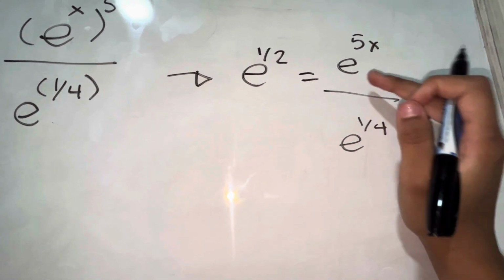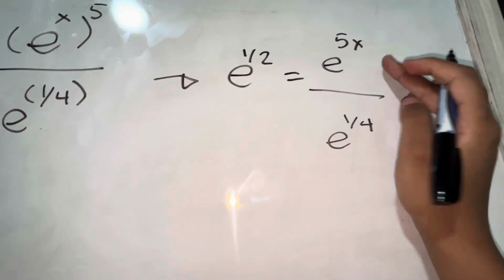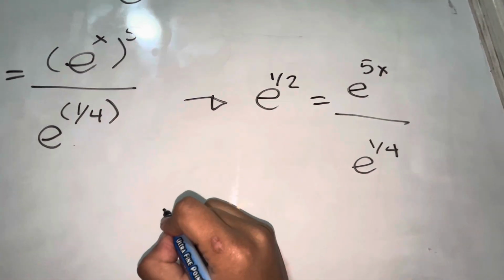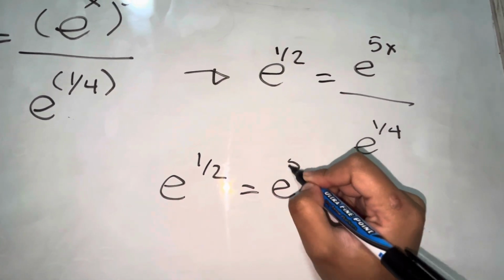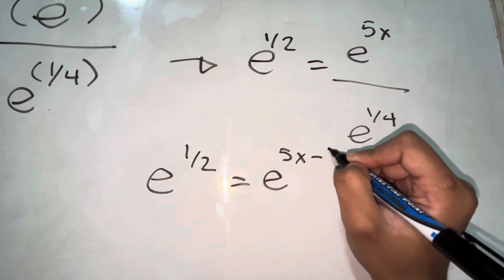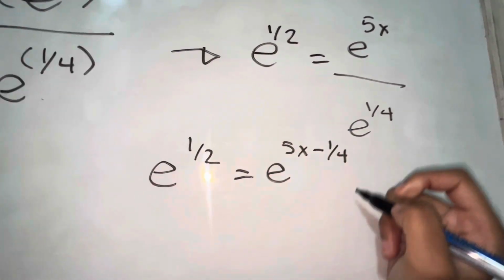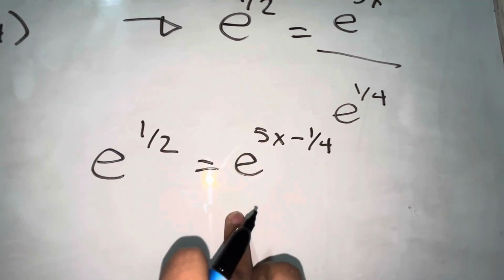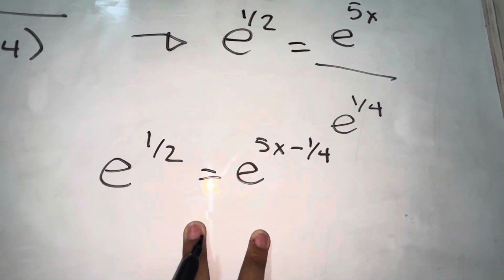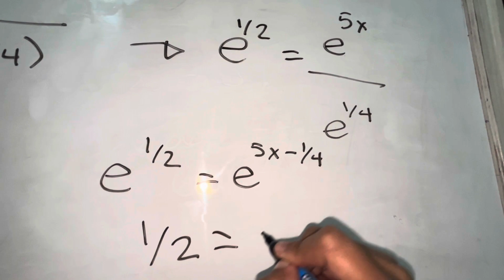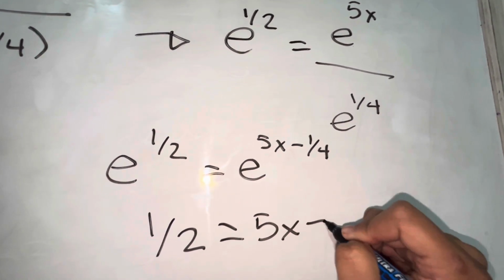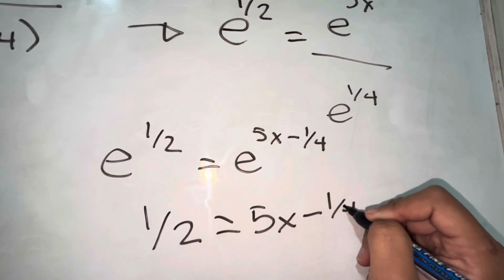And because these two have the same base, we can subtract the powers. So that would be e to the power of half equals e to the power of 5x minus 1/4. And because these two are the same base now, we can drop e and just leave it with the powers, which is a half equals 5x minus 1/4.